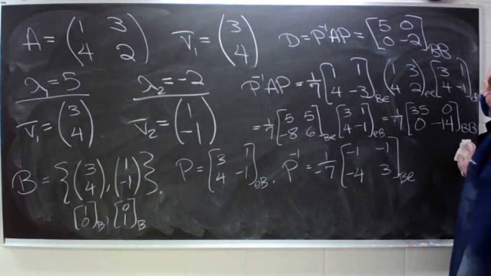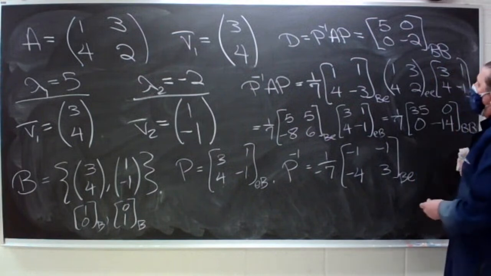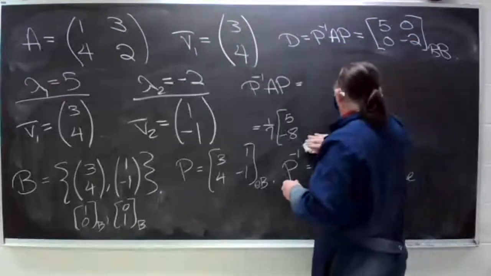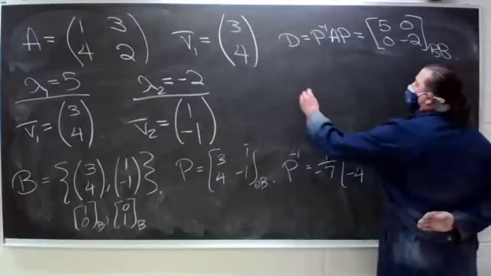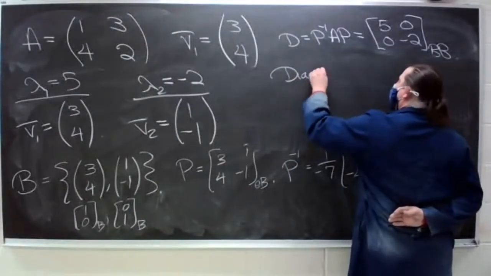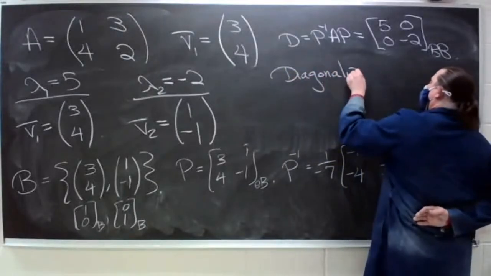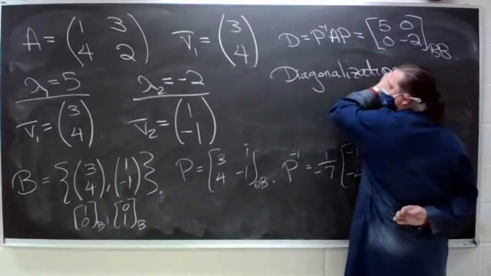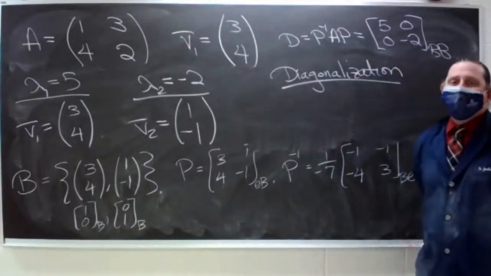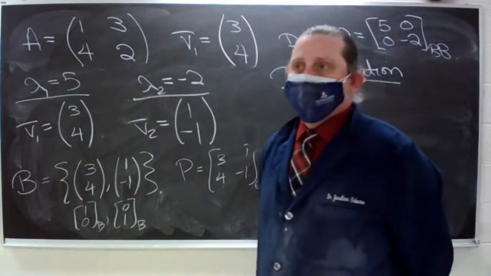This process of changing a matrix to its own eigenbasis is called diagonalization.